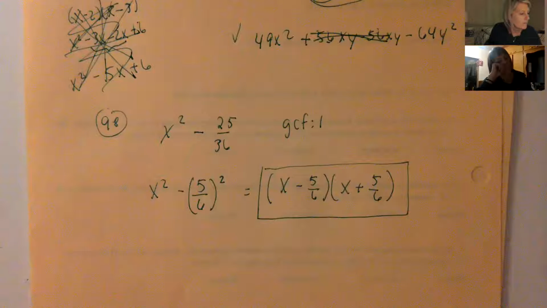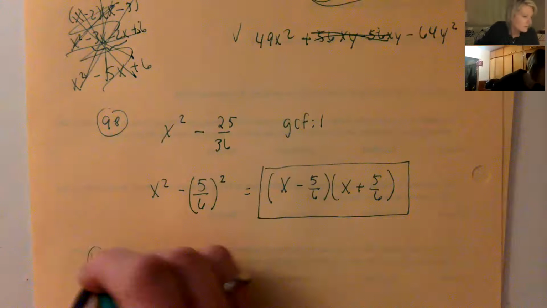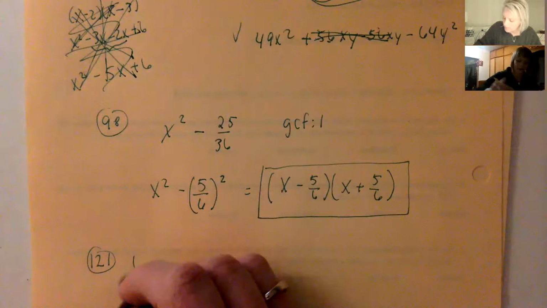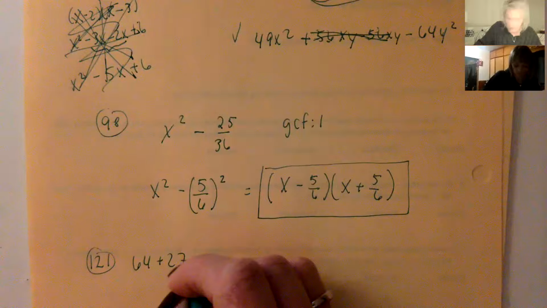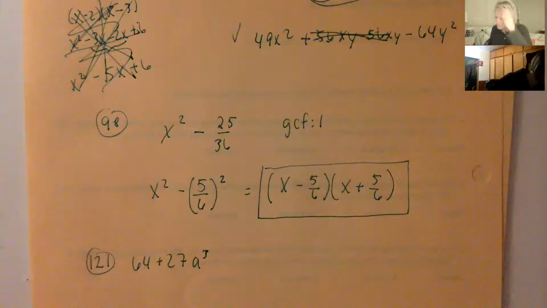Let's try 121. So 121 is 64 plus 27a cubed.